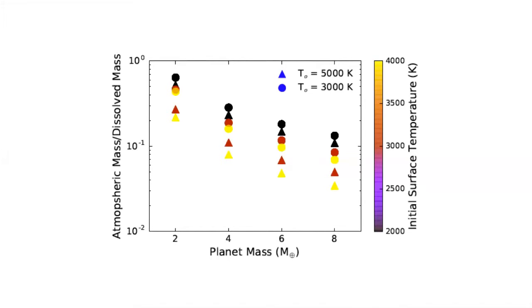So what you see in this diagram is the atmospheric mass relative to the dissolved mass. So 1 here, which is the top of this diagram, would be as much hydrogen in the atmosphere as there is inside the planet. And as you go down this axis to point 1, that would say there's 10 times as much inside the planet as there is in the atmosphere at time 0, before it evolves and cools and releases some of it.